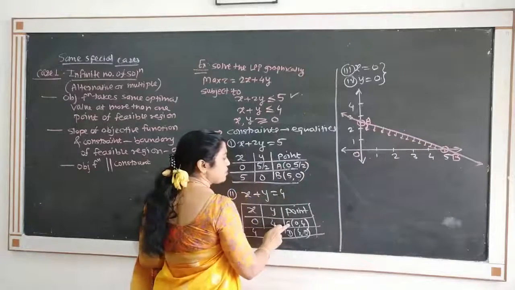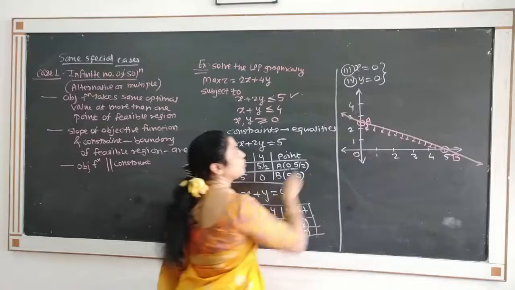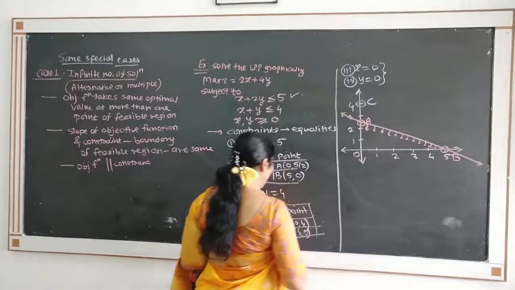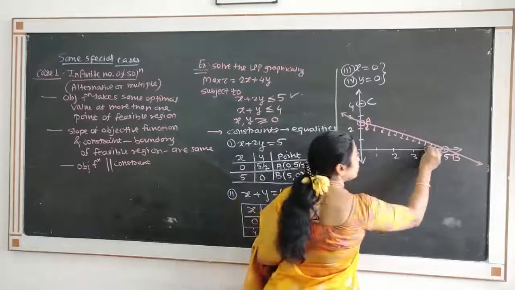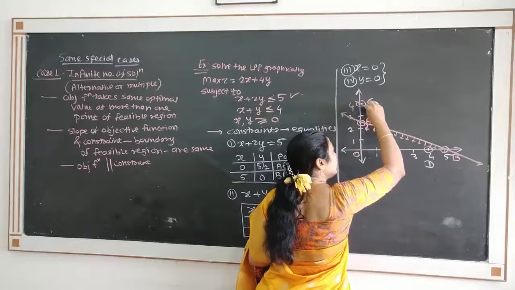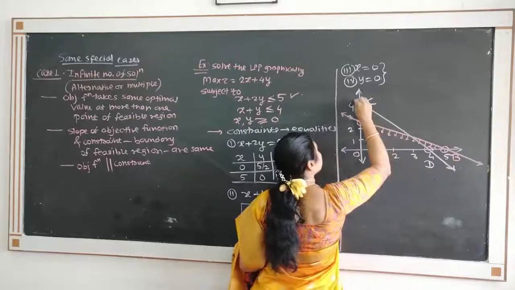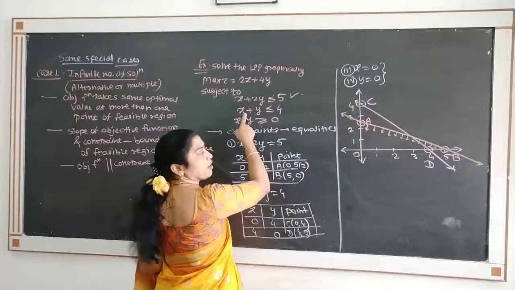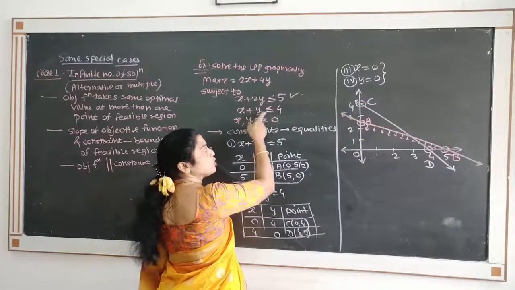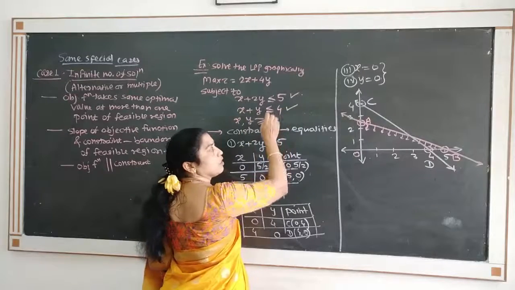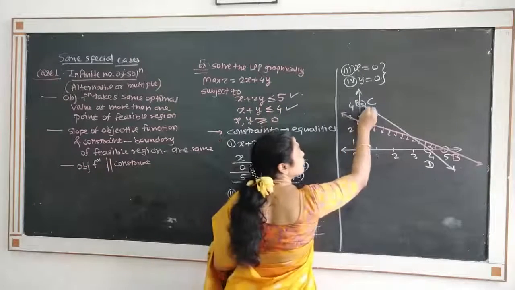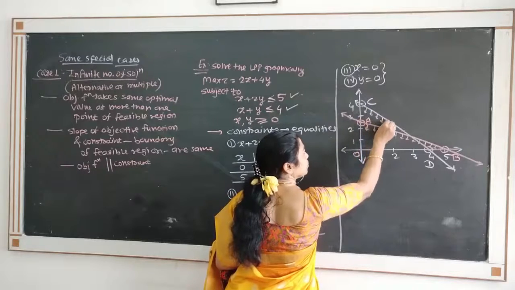The next points are C equal to 0, 4 and D point 4, 0. Draw the line CD. Which region do we require? If you put origin, 0 is less than 4, the inequality is satisfied, so we require the origin side region.